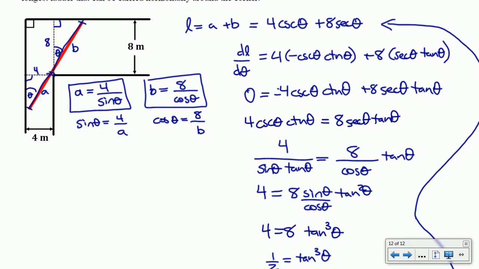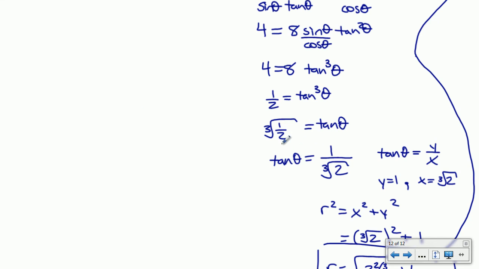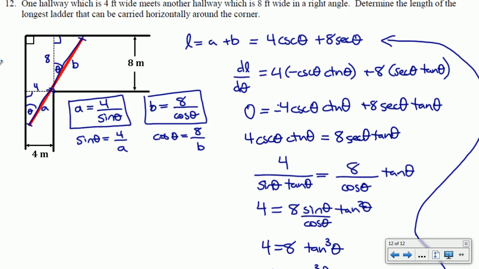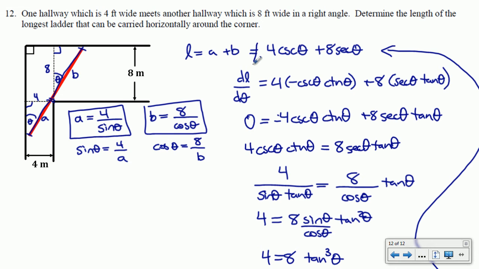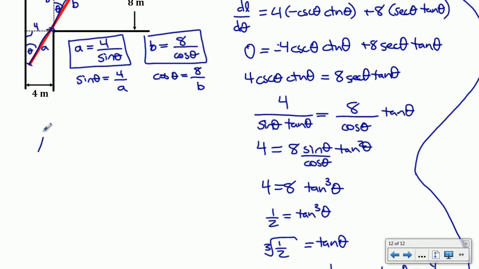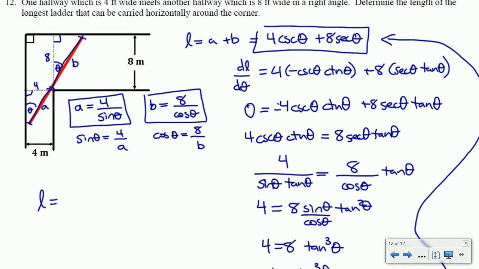So I've found the critical value for theta, and it needs to be consistent with these values for y and x and r. So I can sub y and x and r into this to get an exact value for L. So let's maybe do that now. So L is equal to 4 cosec.